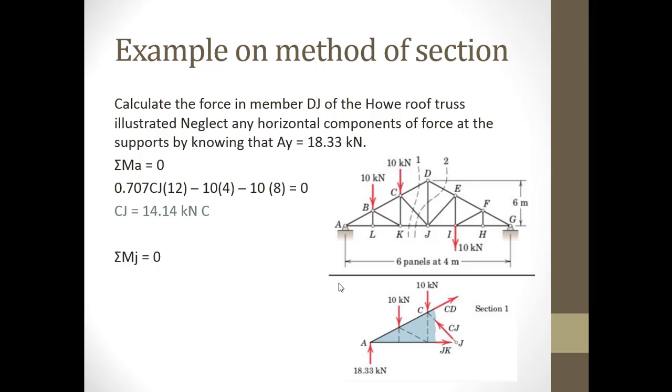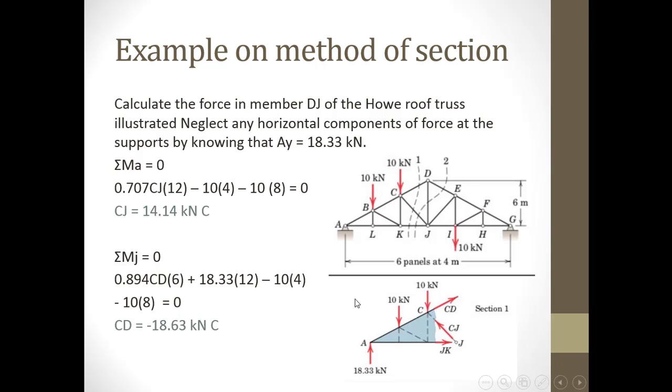Then I'm going to take the moment around J to find CD here, and CD is equal to minus 18.63 kilonewton, and it's in compression because I assumed here it's in tension, and the answer is minus, so it's in compression.